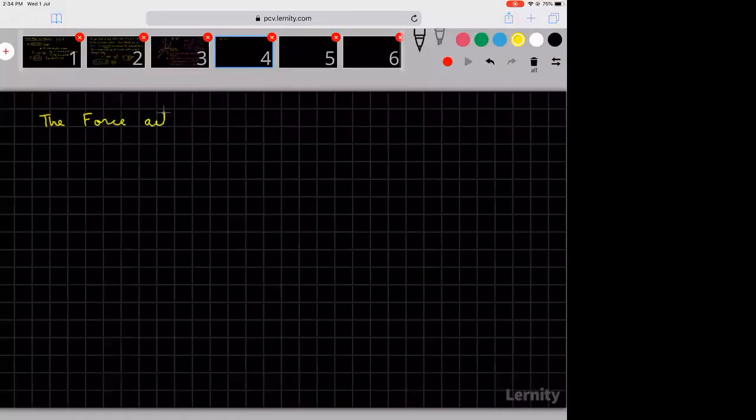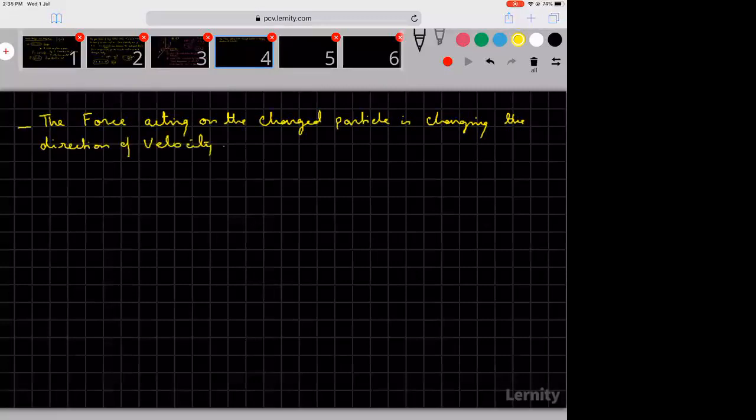The force acting on the charged particle is changing the direction of the velocity. So the charged body is moving in uniform circular motion.